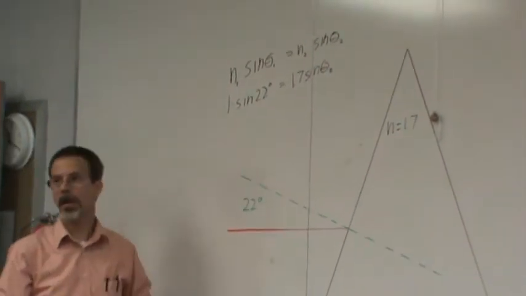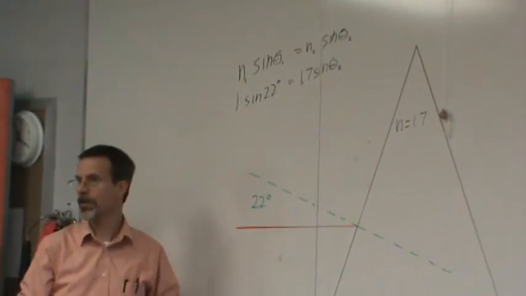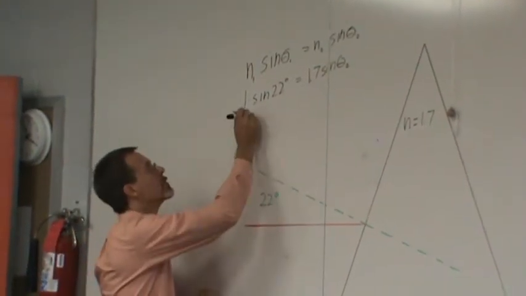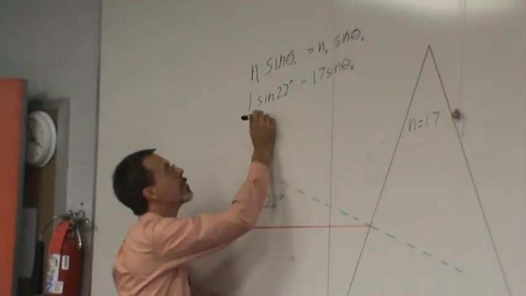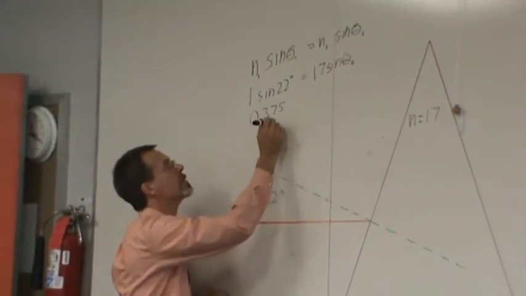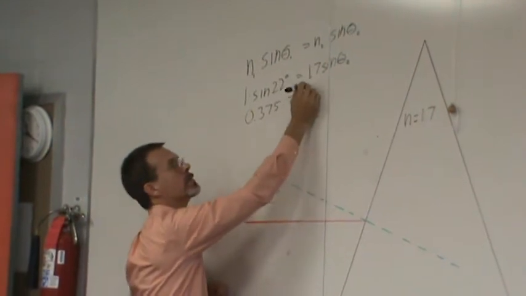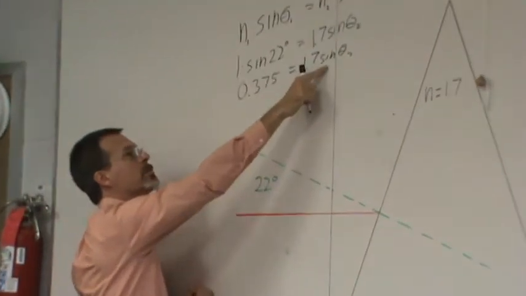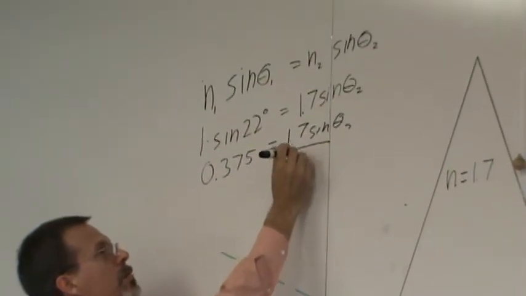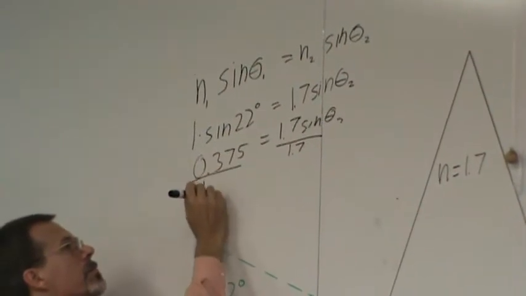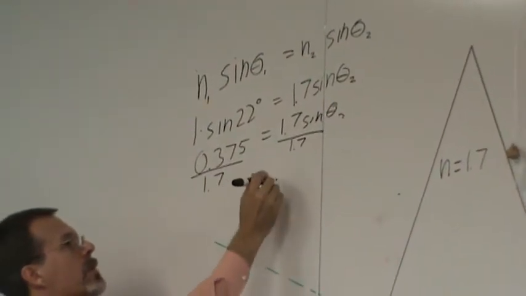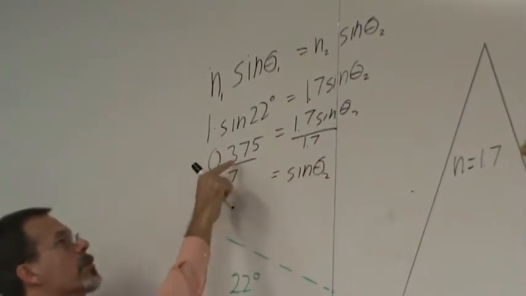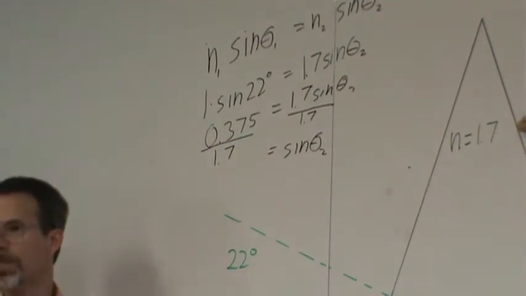So what do I need to do next? Well, I probably need to get out a calculator and plug in 22 and get the sine of that. 0.375. So 0.375 is equal to 1.7 times the sine of my angle. To get this by itself and solve, I need to divide both sides by 1.7. And so the sine of my angle 2 is equal to 0.375 divided by 1.7.